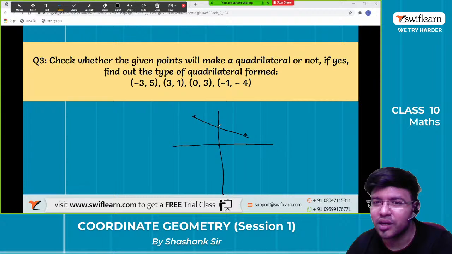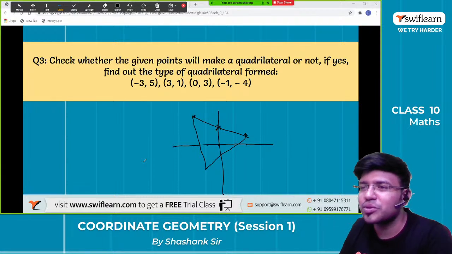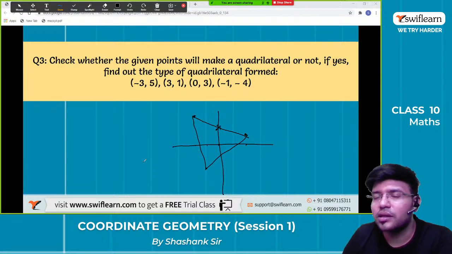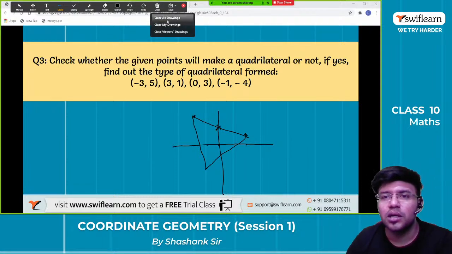If you plot it, it will be on this line. And minus 1 comma minus 4 is somewhere here. If you plot this on a graph, what are we getting? What can you see here? We are going to get a triangle. This is what we are going to get.